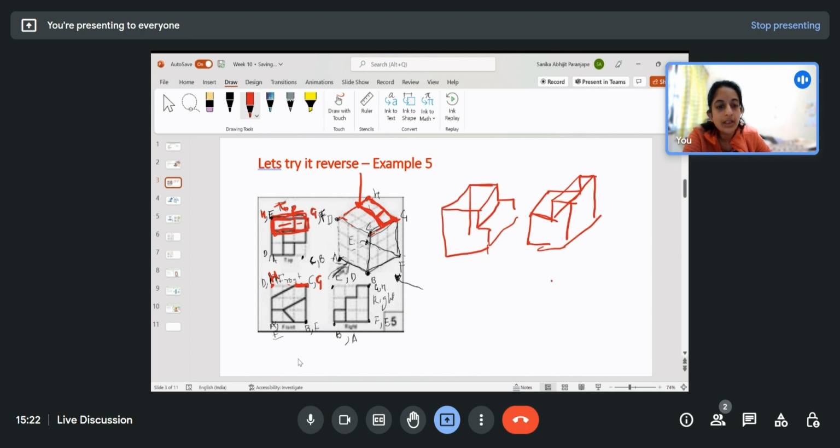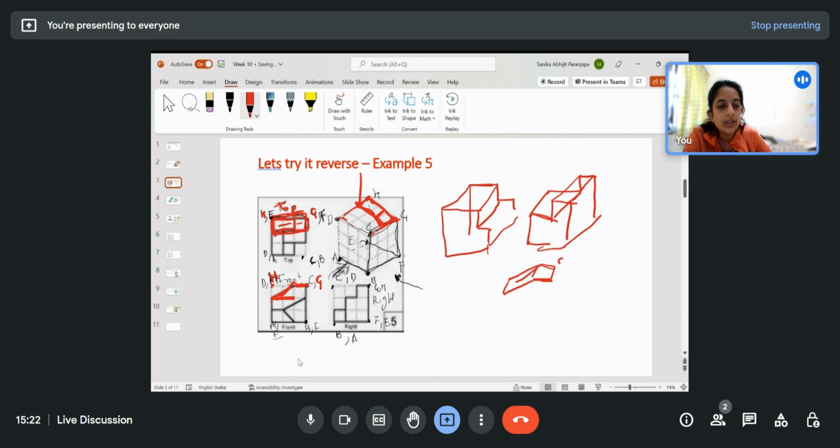So I have something like this. And then this plane I can see in top view as a rectangle whose length is equivalent to this length. I see the projection of this slant. So it is actually like this. So the plane here at the back side is something like this.